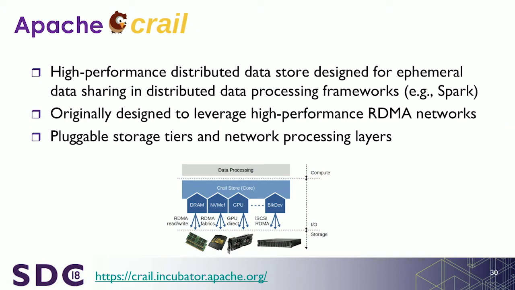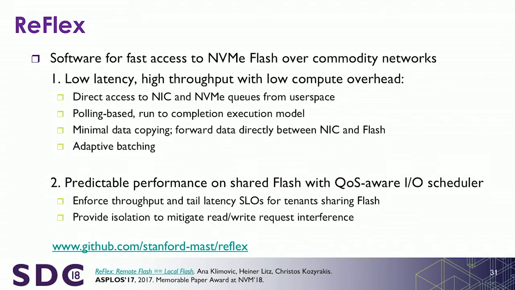Now, in a public cloud environment, RDMA networks are not readily available, but Crail has a modular and pluggable architecture, so you can add and swap in your own network processing and storage tiers. And so we implement an RPC layer that works on commodity networks we have in public clouds, and we use ReFlex to do the NVMe flash storage.